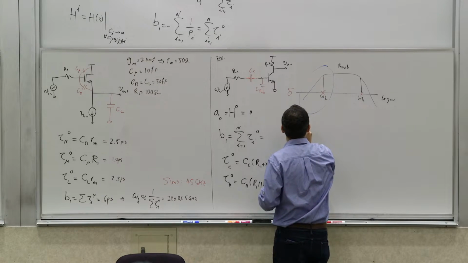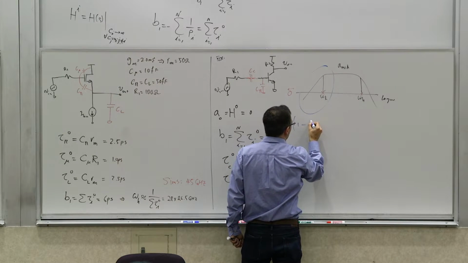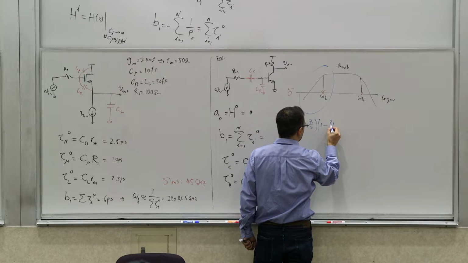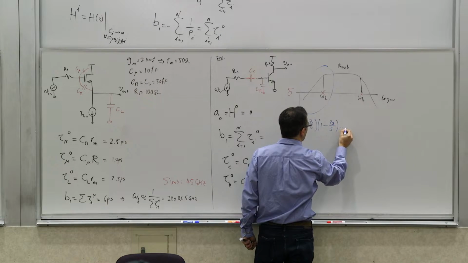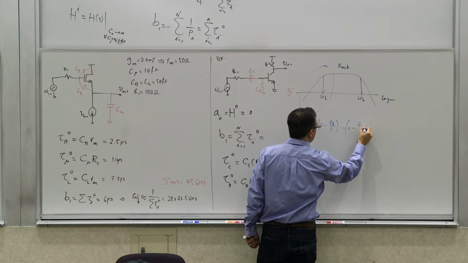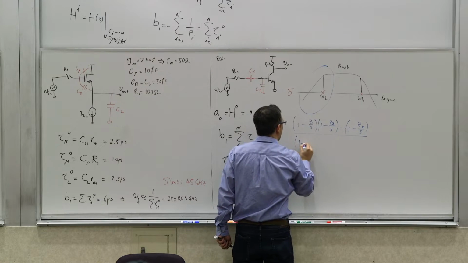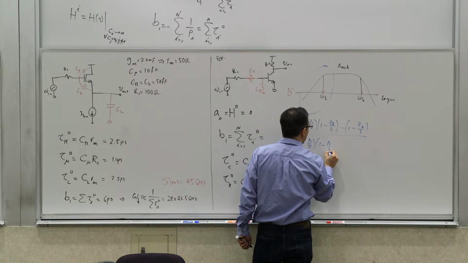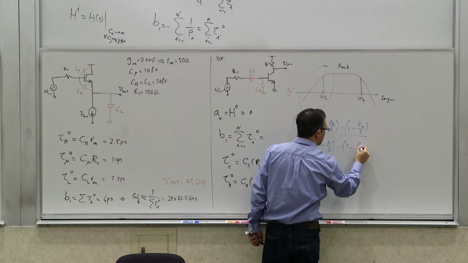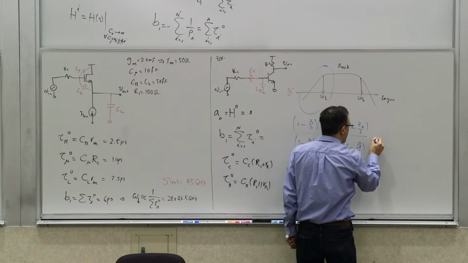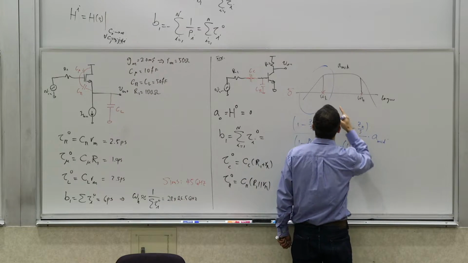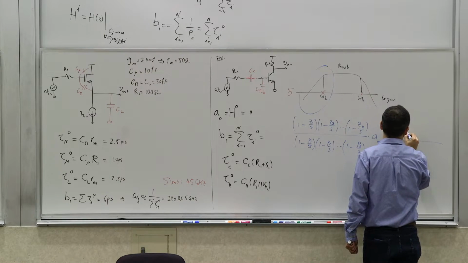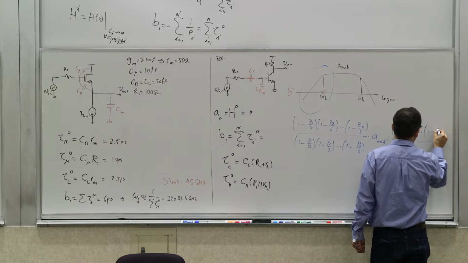So let's say there's this part, which was written as 1 minus Z1 over S, these are inverse zeros, right? Because they're flipped. 1 minus Z2 over S, all the way to 1 minus Zk over S, and 1 minus P1 over S, 1 minus P2 over S, all the way to 1 minus Pk over S, right? Then you times A mid, the mid-range gain, times now the regular poles and zeros. 1 minus S over Zk all the way to 1 minus S over Zm.